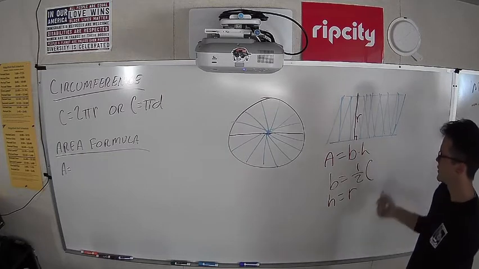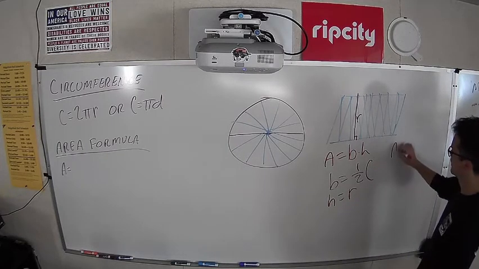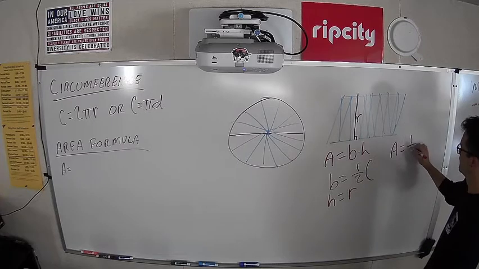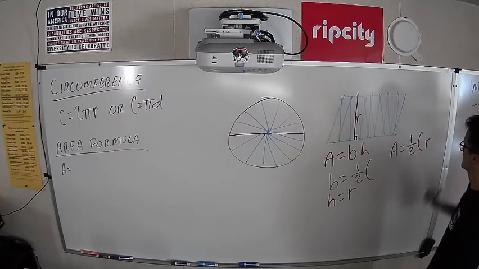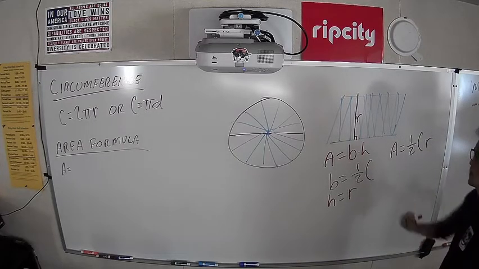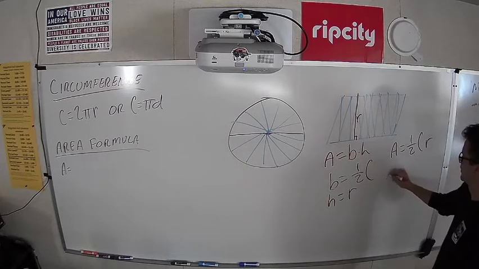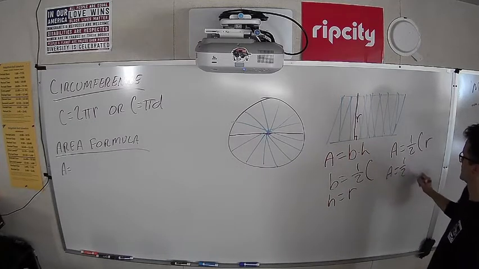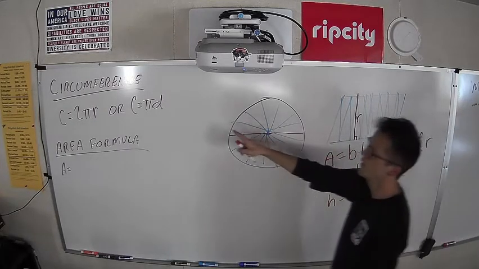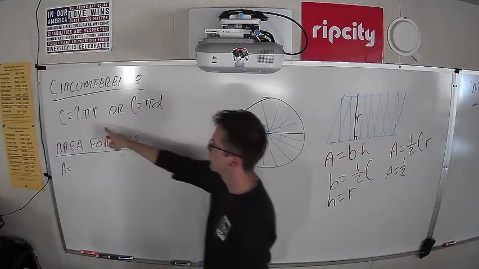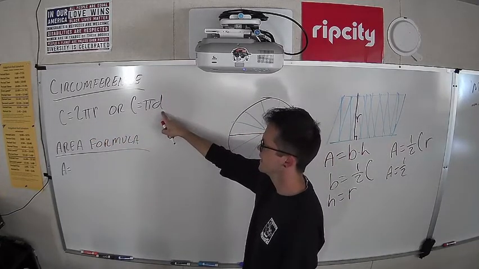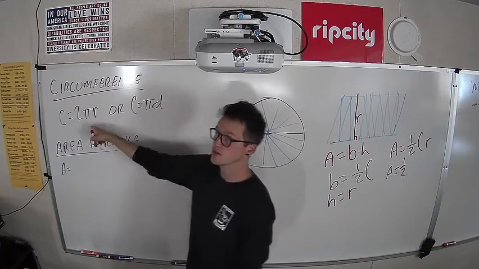Interesting. So the area of a circle can be found by doing 1/2 times the circumference times r. Well, we can clean that up even a little bit further. The 1/2 is still there, but we can talk about the circumference in terms of r or in terms of the diameter. I'm going to talk about it in terms of r.